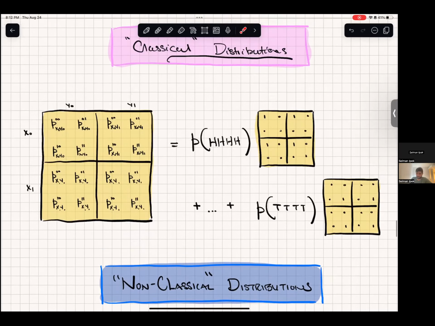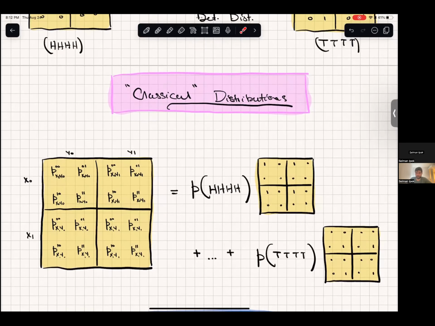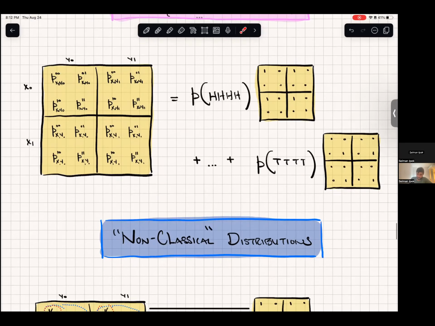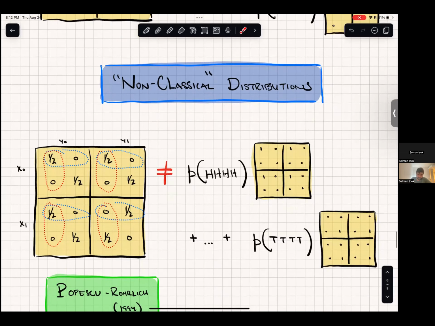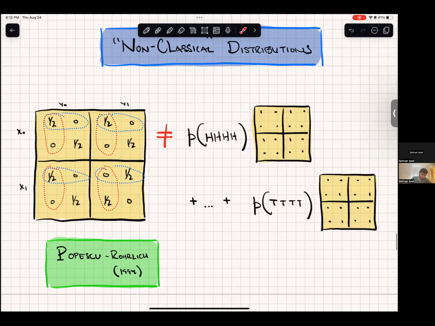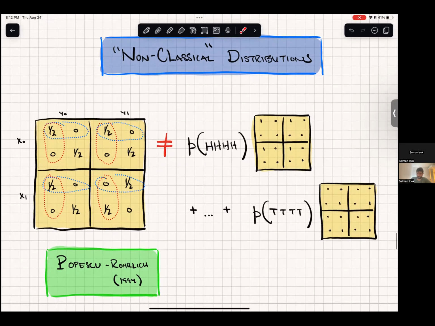Now, it turns out to be the case, and this is actually realized in quantum theory, that you can have non-classical distributions. Now, I'm not going to give you an example from quantum theory, but instead a post-quantum set of distributions, PR boxes due to Popescu and Rohrlich. This is not realizable in quantum theory, but it's a very simple example of a non-classical distribution.